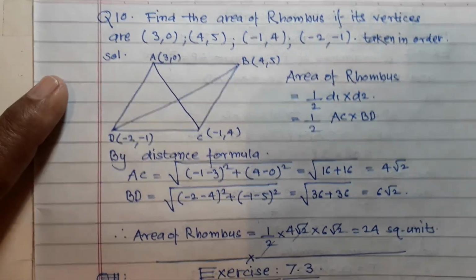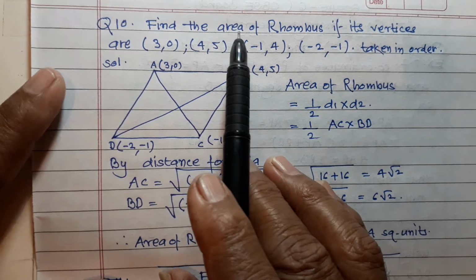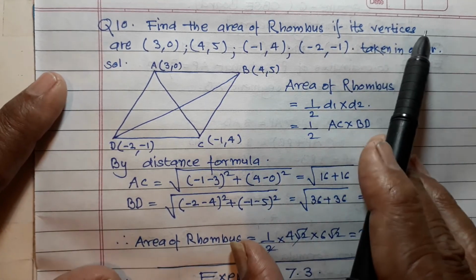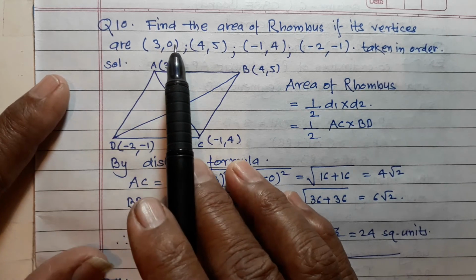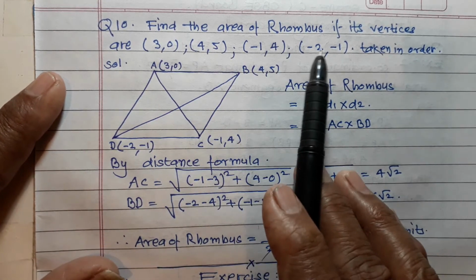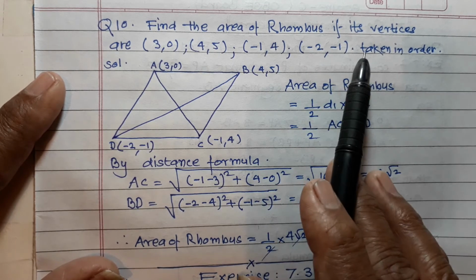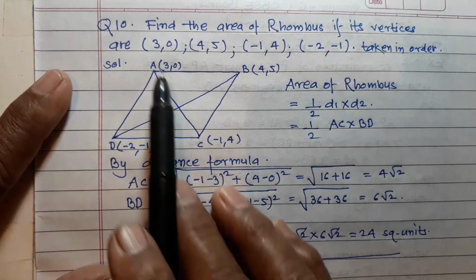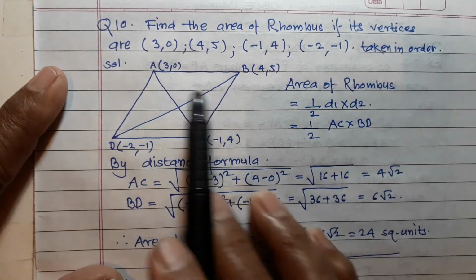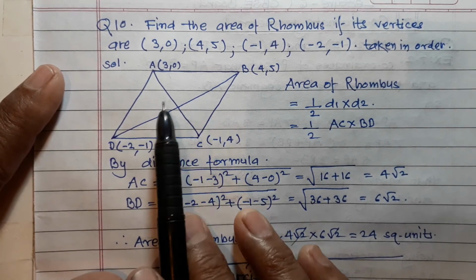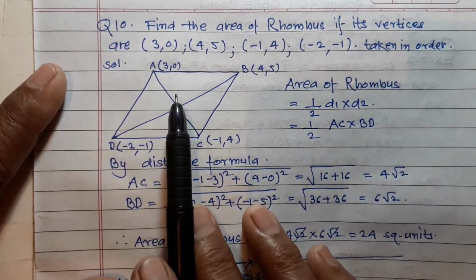Question number 10. Find the area of a rhombus if its vertices are (3, 0), (4, 5), (-1, 4), (-2, -1), taken in order. Here the vertices of this rhombus are given. You can use two methods.